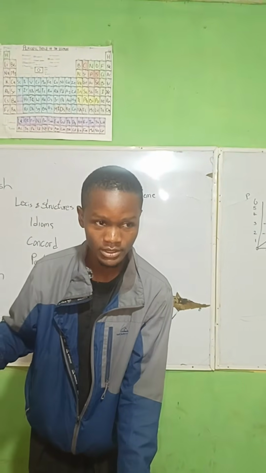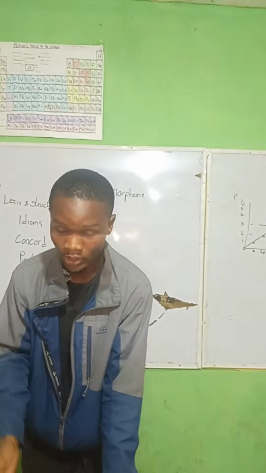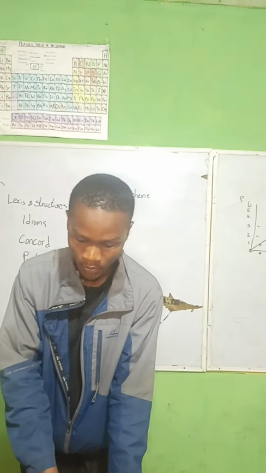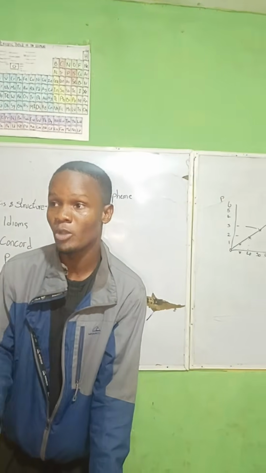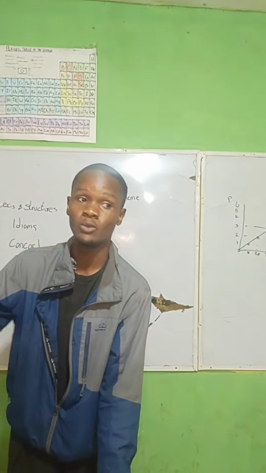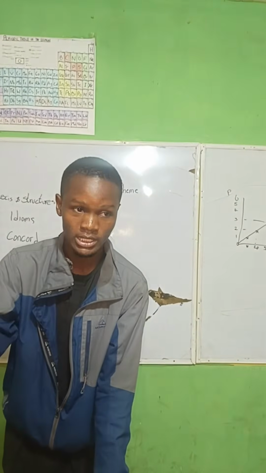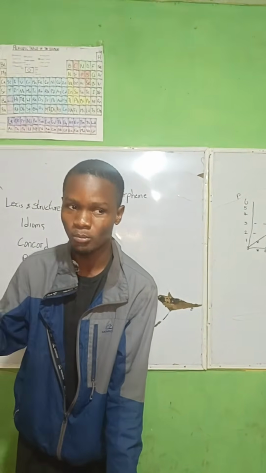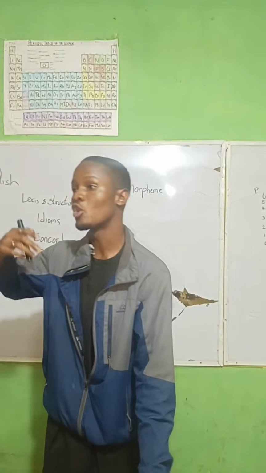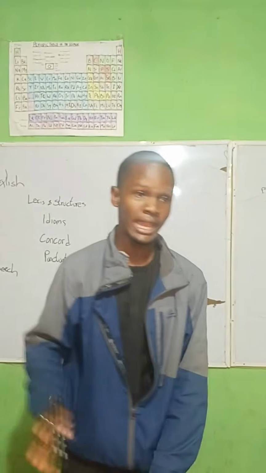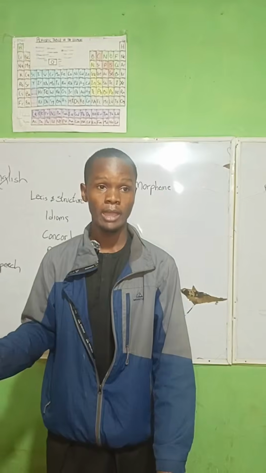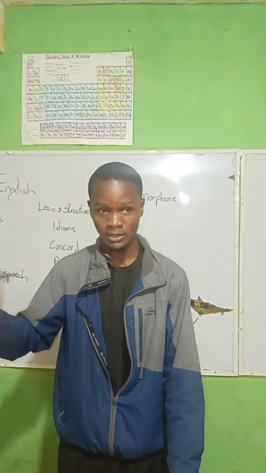Like this one now, we said your creditor came yesterday when you were not at home, but I was able to pay him. If you observe, when you were not at home is the clause in the middle. So automatically, the one in the middle is your subordinate clause when it comes to compound complex sentences. Then when it now comes to complex sentences, the clause ending your sentence is your subordinate clause, your dependent clause. Do you understand what I'm trying to say?